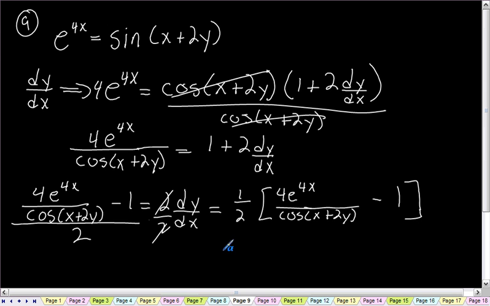Multiply the 2 all the way through. I'm left with 4 over 2 here, so the top is going to be 2e to the 4x. The bottom, I multiplied by 2, but it got canceled out, so I'm only left with cosine of x plus 2y. Now I'm going to multiply the 1 by negative 1, and that is my dy/dx.